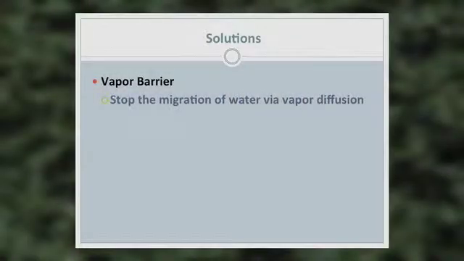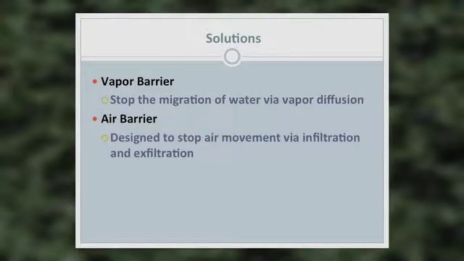Let's talk about some of the solutions to moisture management. The first one is a vapor barrier. A vapor barrier simply stops the migration of water through diffusion. In high humidity climates, your vapor barrier tends to be on the outside. When you have dry climates where most of the humidity is inside, the moisture barrier tends to be inside.